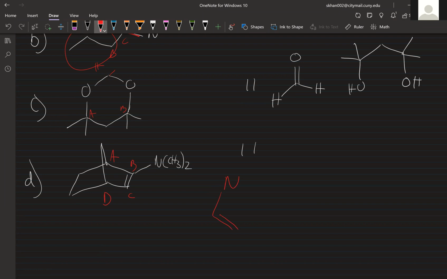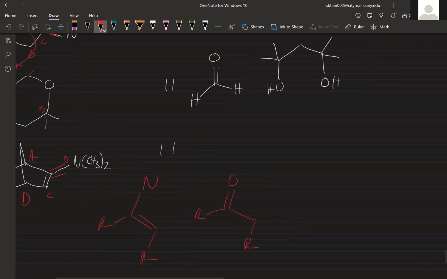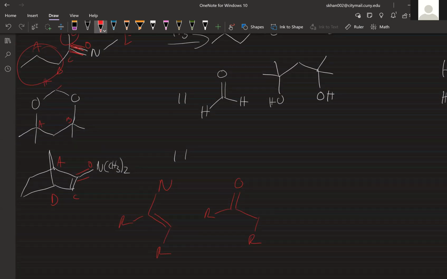If this is the enamine, that means the original carbonyl was, and let's say this is whatever R is here, then the original carbonyl would have been R like that. You could overlay it as, I'm going to remove B here, but this was the original carbonyl. So now if you drew it, we have, oops.